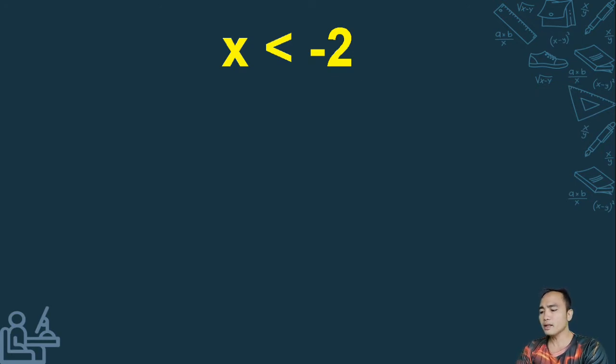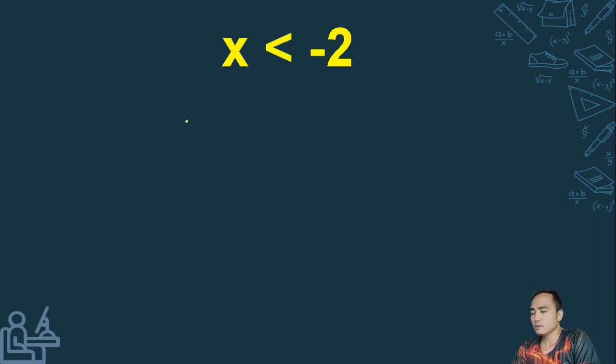Some real numbers make x less than negative 2 a true statement, and some real numbers make x less than negative 2 a false statement. So let us find out what the solutions of x less than negative 2 are. What are the numbers smaller than negative 2?